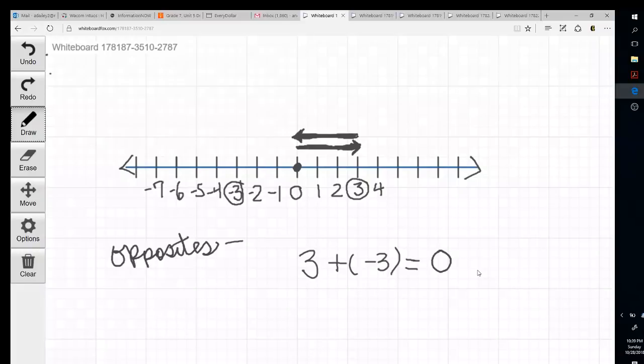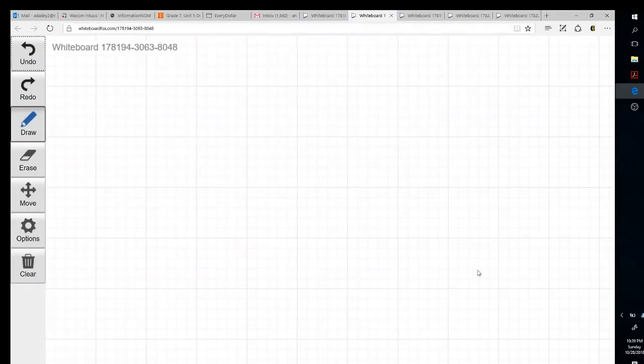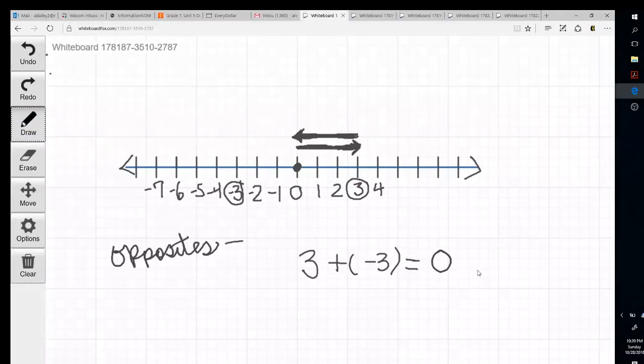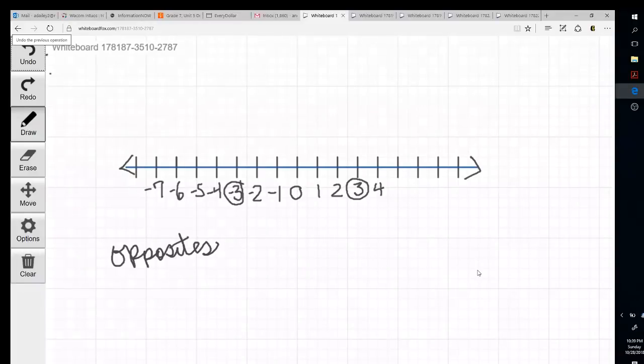Let's practice modeling addition with arrows. Okay, so my first step when I'm modeling here is, all right, oh no, all of my number lines disappeared. Bummer. I have a solution for this problem.